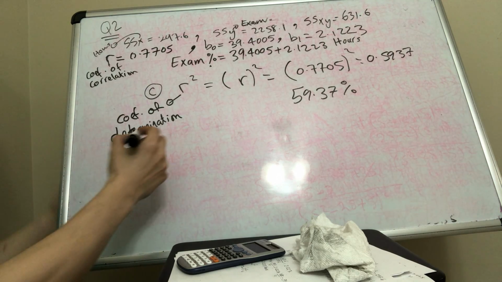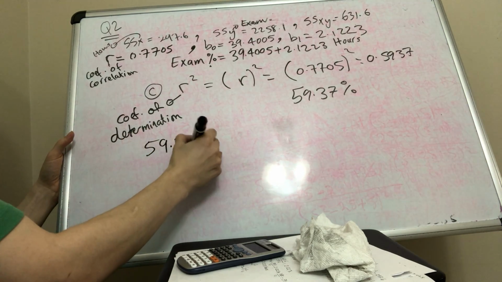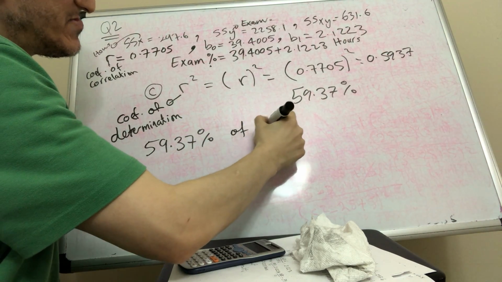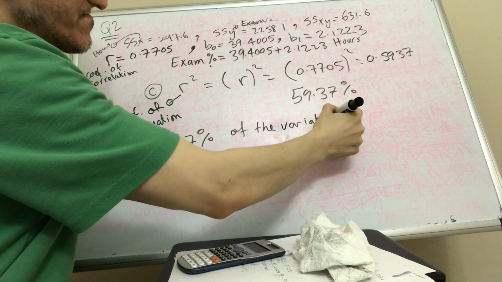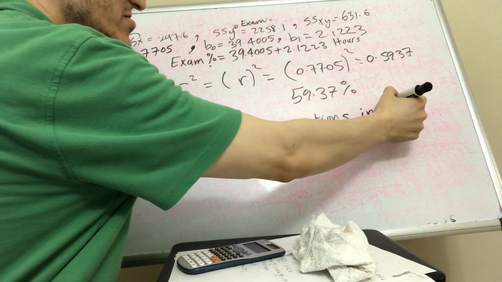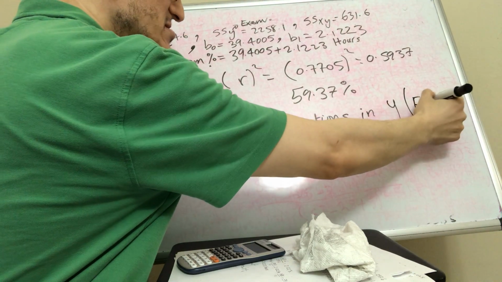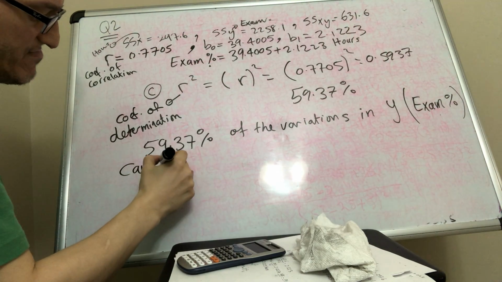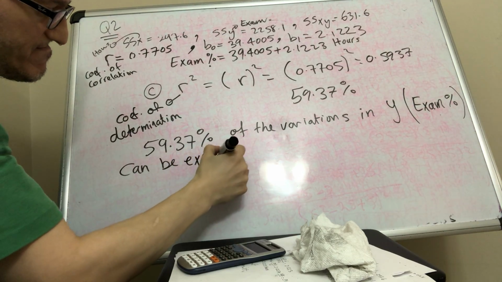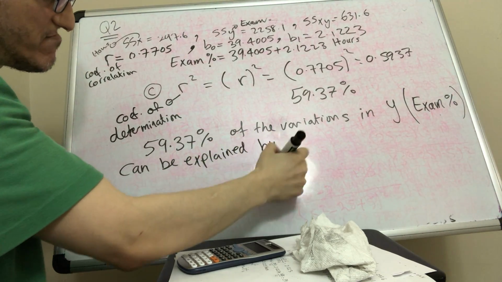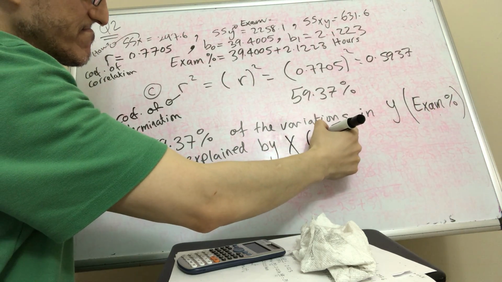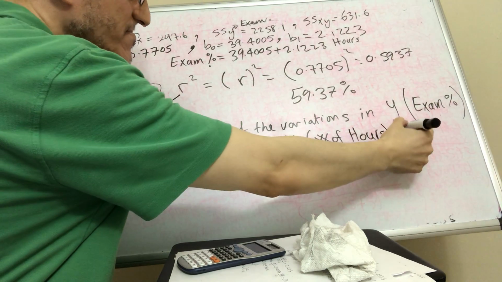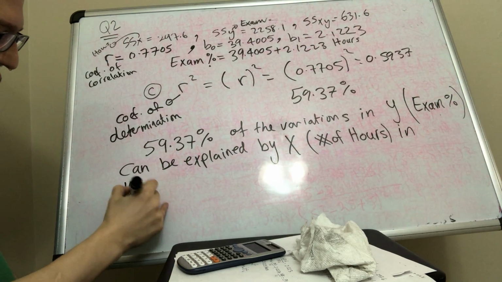The way you explain this, you say 59% of the variations in Y, which is exam percentage, can be explained by X, number of hours, in the regression line.